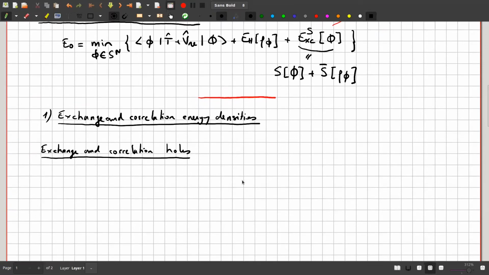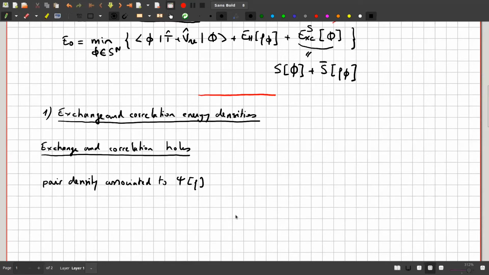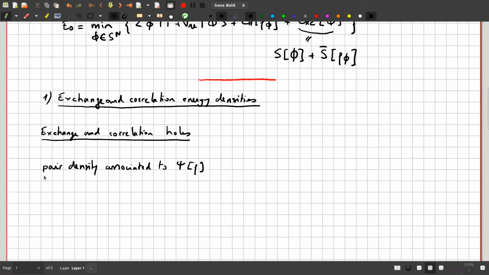Okay, so we can define what is called the pair density associated to the wave function that was called psi of rho, the one minimizing in the expression of the universal density functional. The pair density corresponding to this wave function is defined as rho_2 of r1, r2, equals N(N-1), that's just the normalization constant, and then you integrate the square of this wave function.